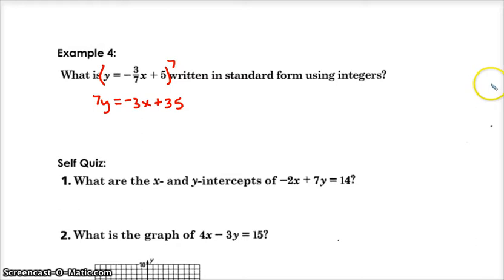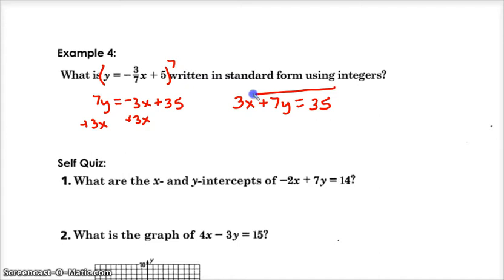Now remember, standard form of a line has x and y on the same side, so I need to move x over to be with the y. I'll add 3x to both sides, and I end up with 3x plus 7y equals 35. There is my new equation of my line in standard form.